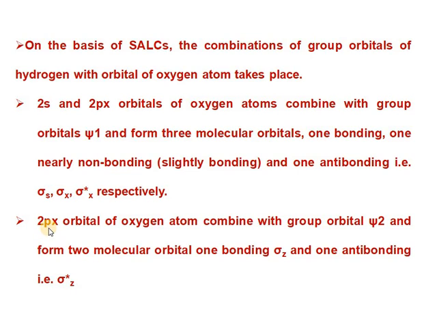The 2pz orbital of oxygen can combine with the group orbital psi2 to form 2 molecular orbitals: one bonding, sigma z, and one anti-bonding, sigma star z.